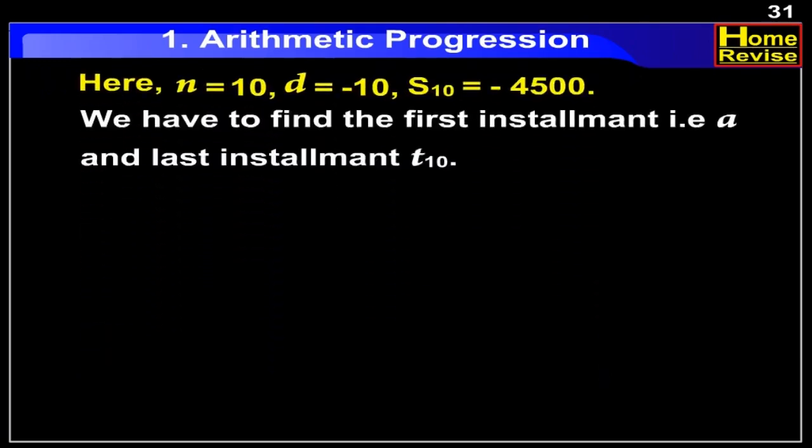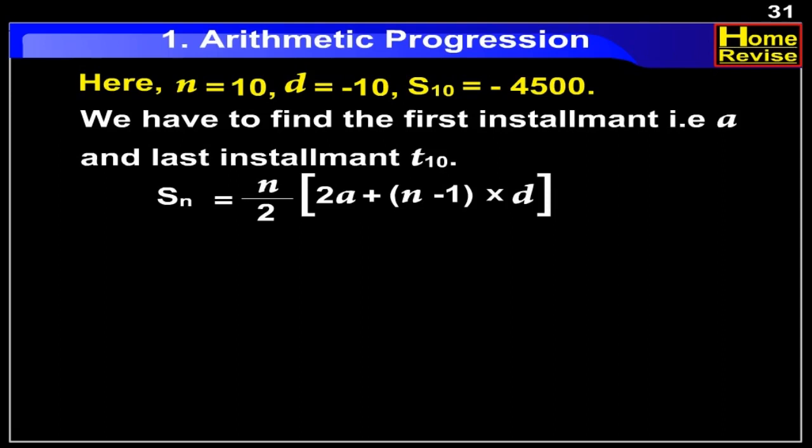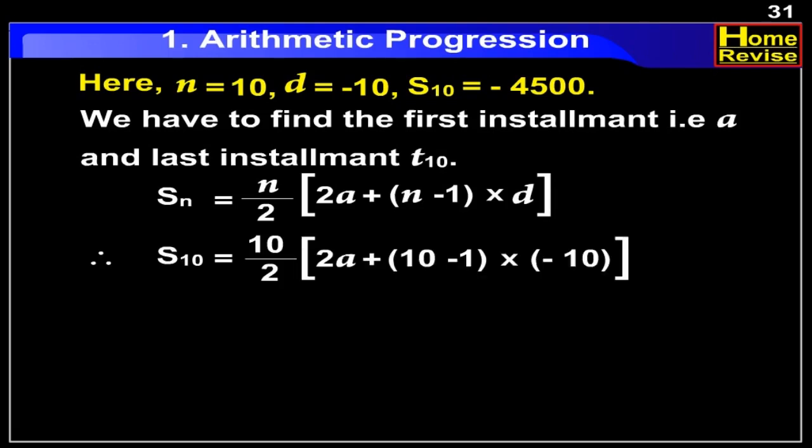We have to find the first installment, that is a, and the last installment, that is T10. Sn is equal to n upon 2 in bracket 2a plus (n minus 1) into d. Therefore, S10 is equal to 10 upon 2 in bracket 2a plus (10 minus 1) into minus 10.